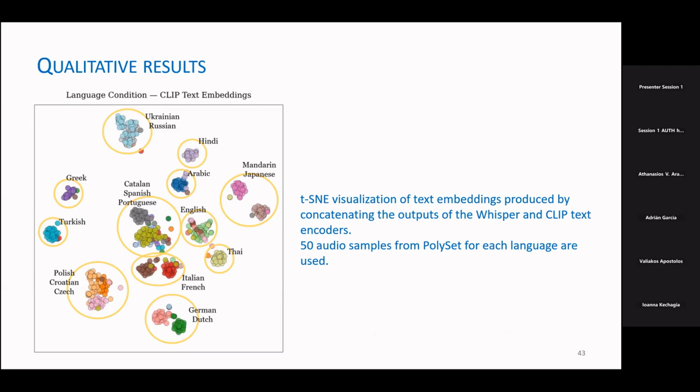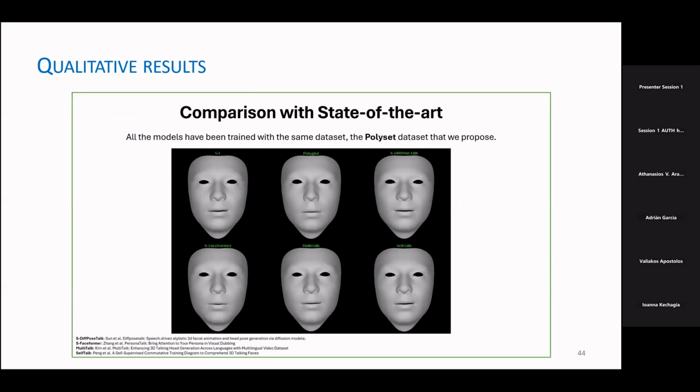And so we can see that it is reasonable also in the way different languages which have a common base are clustered in regions of the space that are close to each other. And here we can see some animated faces. Here we have some comparisons of Polyglot with state-of-the-art methods.